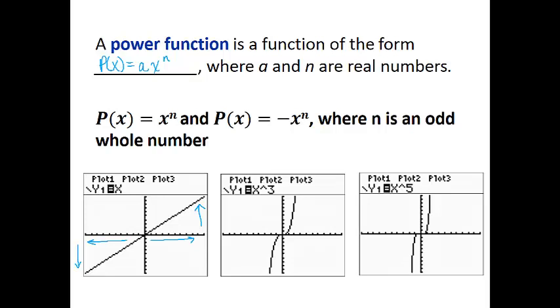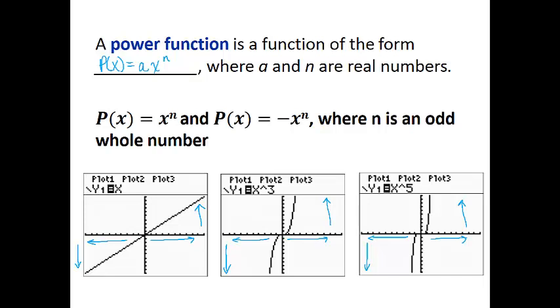Y equals x cubed behaves in a similar fashion. As we go to the right, the graph goes up, and as we move to the left, the graph goes down. And also y equals x to the 5th, as we move to the right, the graph goes up, and as we move to the left, the graph goes down.